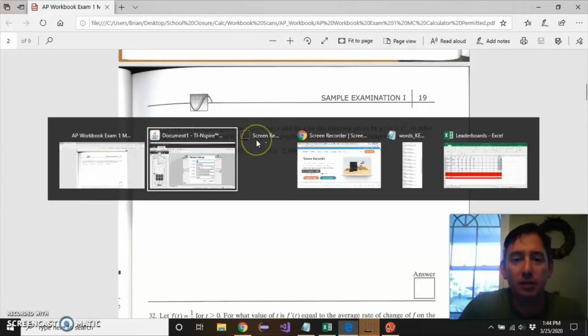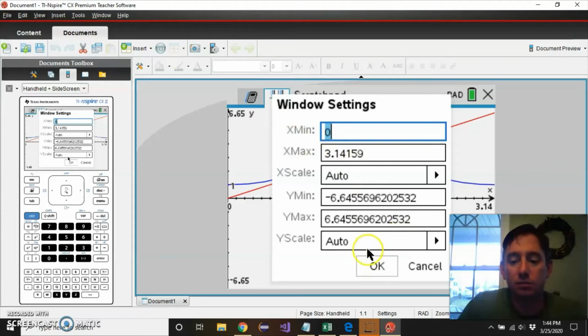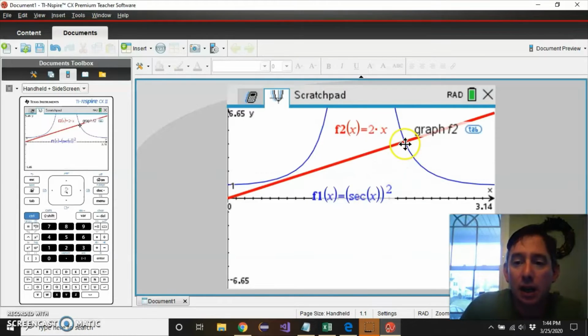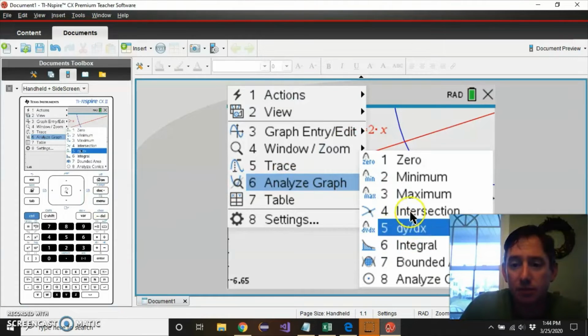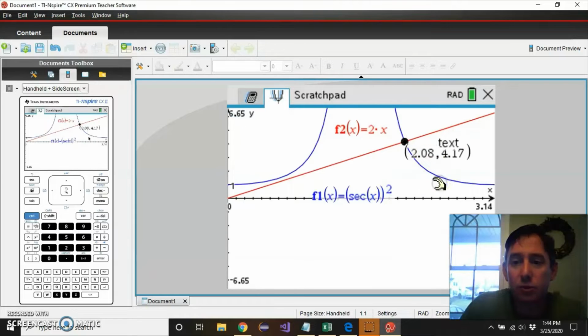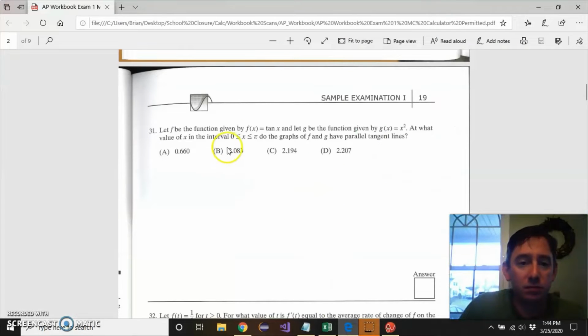Yeah, 0 to pi. I see it looks like they're only intersecting right here, so let's cheat. 2.08. Looks like the answer is B. Cool.